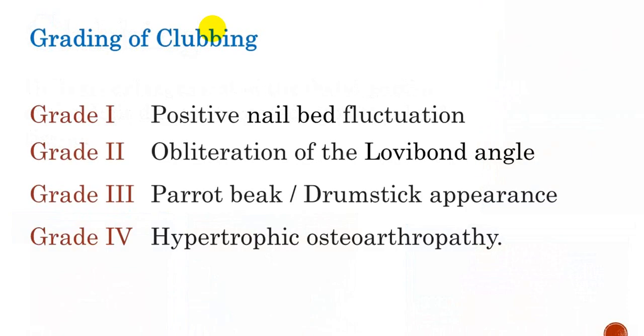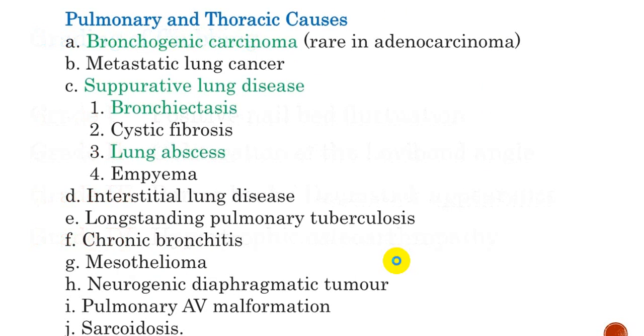You can grade clubbing; particularly in a case of bronchogenic carcinoma, you can have grade 4 with hypertrophic osteodystrophy. And we have already mentioned that you can have clubbing because of bronchogenic carcinoma, suppurative lung disease like bronchiectasis, lung abscess, empyema, quite common.